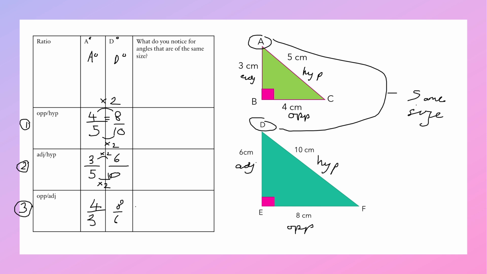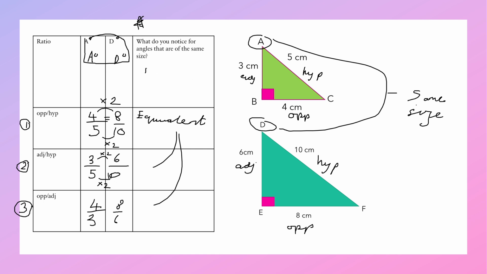So what can you tell me? These are equivalent fractions. So what that means is that same-sized angles have the same ratios. These two were the same size, and we saw that the ratios are exactly the same.